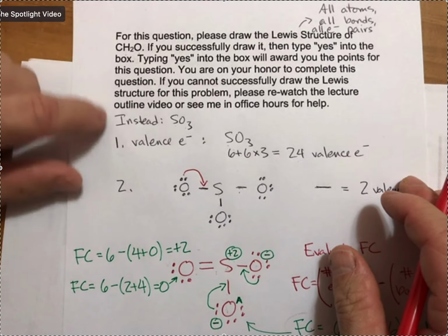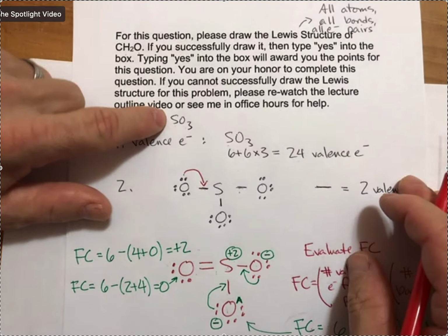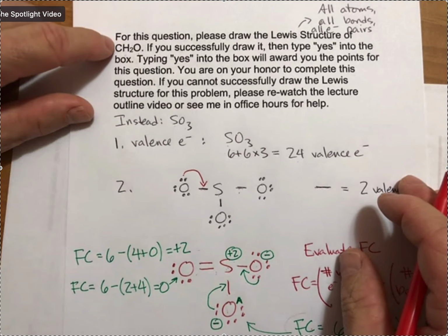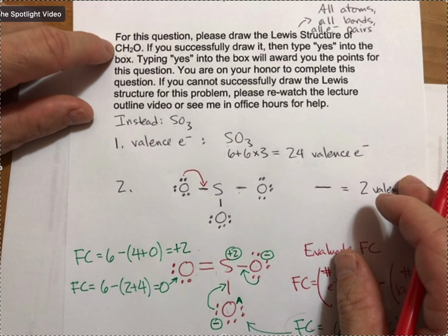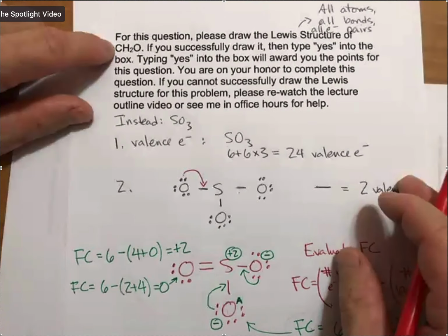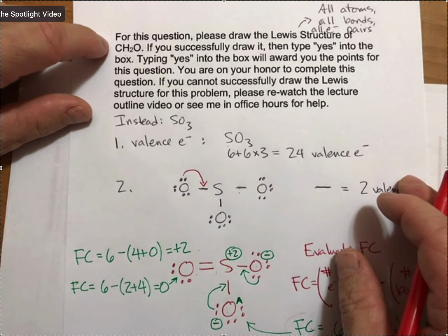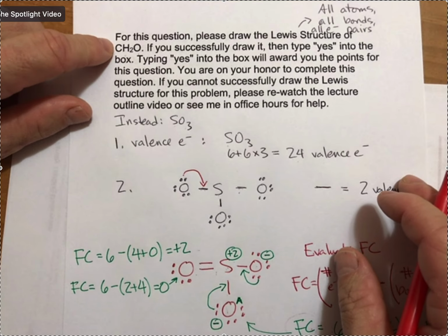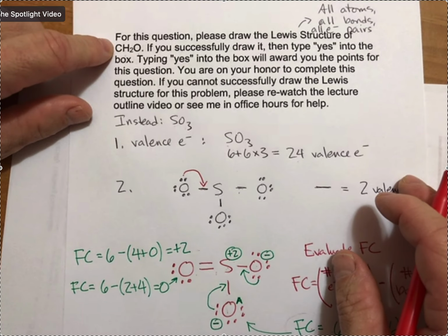Anyway, I didn't want to do your homework, so I chose another example that would demonstrate the whole process. And I guess the last thing I'll say is even for CH2O, when you make the Lewis structure, you should think about formal charge. It will turn out that all the formal charges are zeros when you have the Lewis structure.